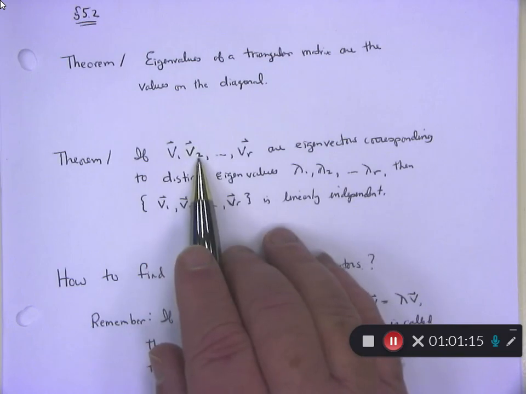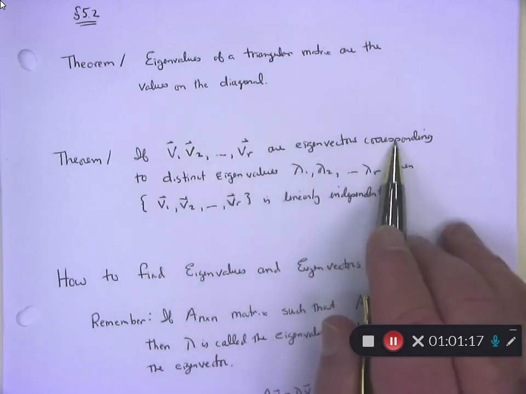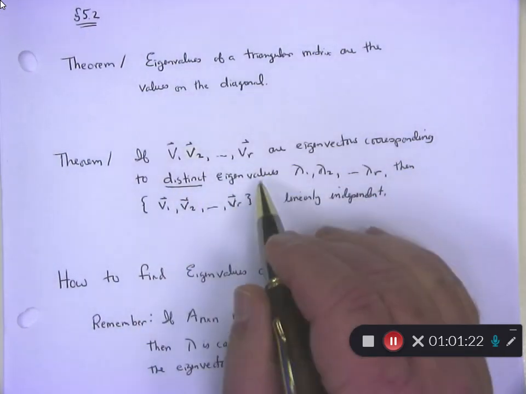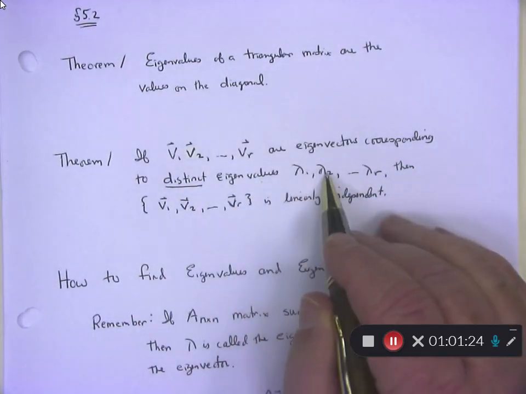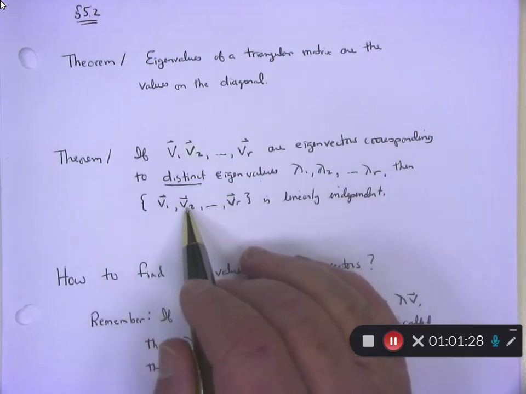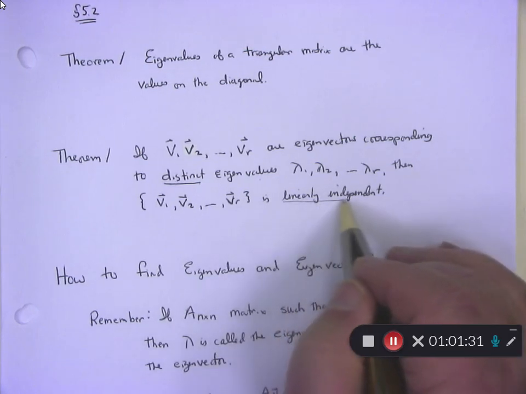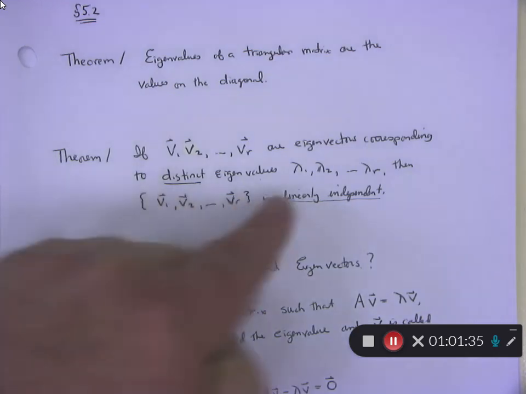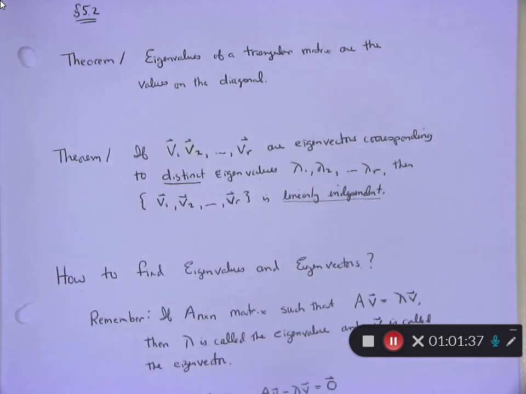If V1, V2, through Vr are eigenvectors corresponding to distinct eigenvalues lambda 1, lambda 2, through lambda r, and distinct is the word I want to emphasize, then the eigenvectors V1, V2, through Vr will be linearly independent. We're going to be setting you up with this concept of basis. And if I know I've got distinct eigenvalues, I don't have to do anything. I can put a stake in it and declare this is a set of linearly independent vectors, which therefore I can form a basis off of.